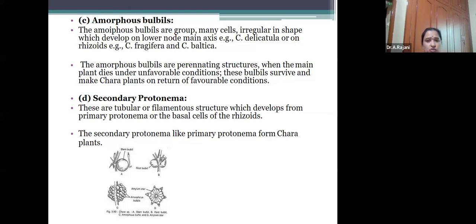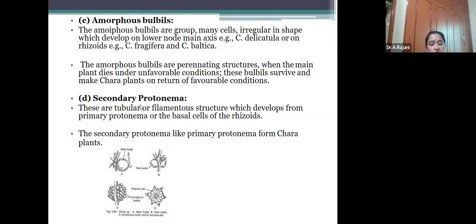They are perennating structures: the main plant dies under unfavorable condition. In that time the main axis dies. After favorable conditions return, these bulbils survive and make Chara plants. Amorphous bulbils are also very important.